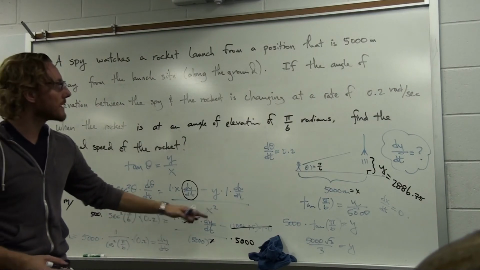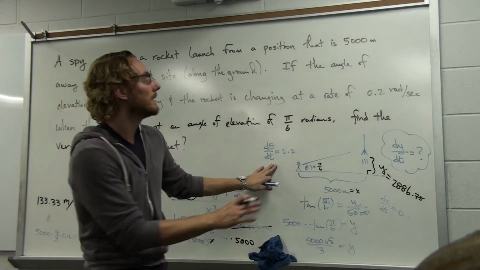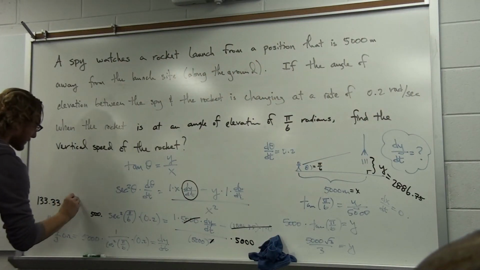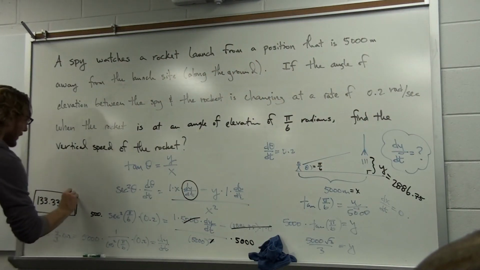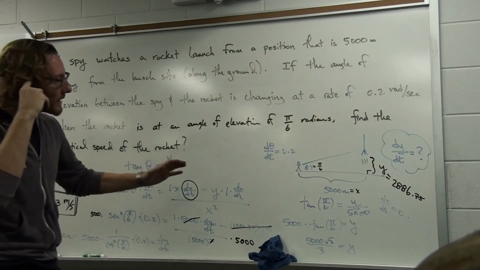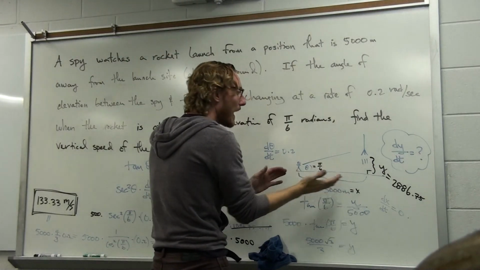Well, we were measuring our change in theta in terms of radians per second, so this is meters per second. And now, we know precisely how fast the rocket was moving. The rocket was moving at 133.33 meters per second.